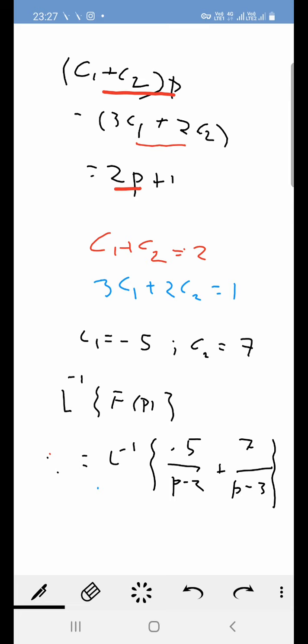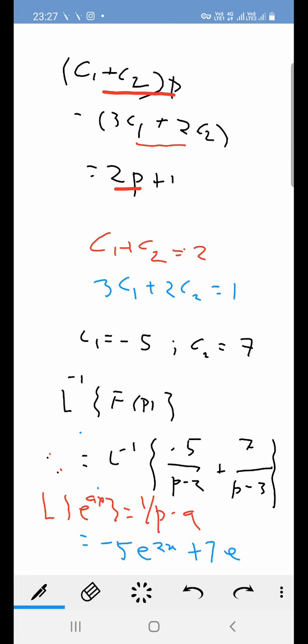Using the expression that the transform of e to the power ax is equal to 1 by p minus a, we find the solution as minus 5 e to the power 2x plus 7 e to the power 3x. So this is our final solution that we looked for.